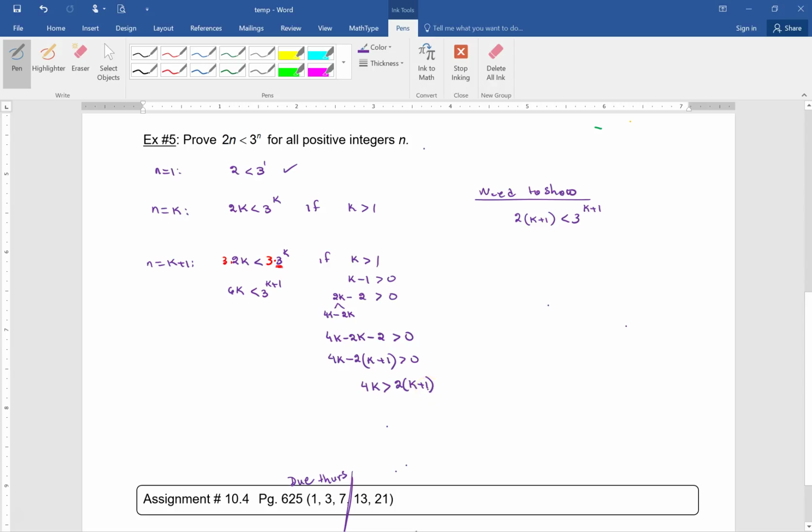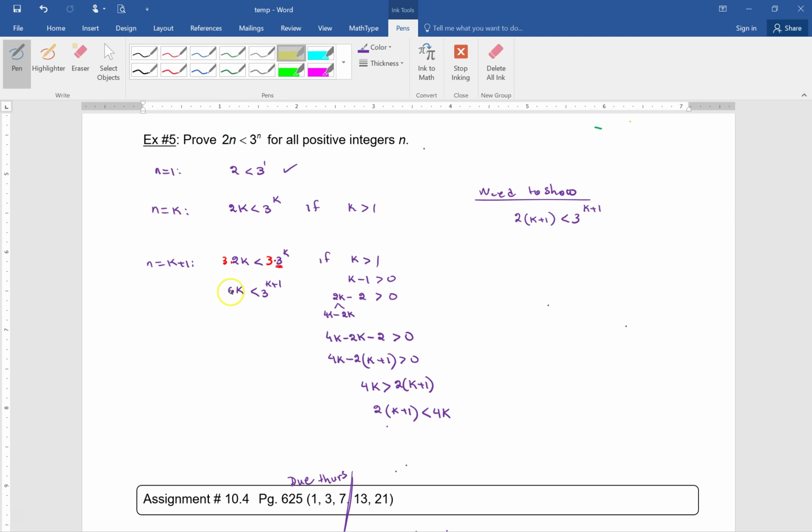Let me switch the order because here the 2k plus 1 is on the left side. So why don't I switch the order? 2 times k plus 1 is less than 4k. Okay, I have what I need. I have 2k plus 1 is less than something. And I have 3 to the k plus 1 is greater than something.